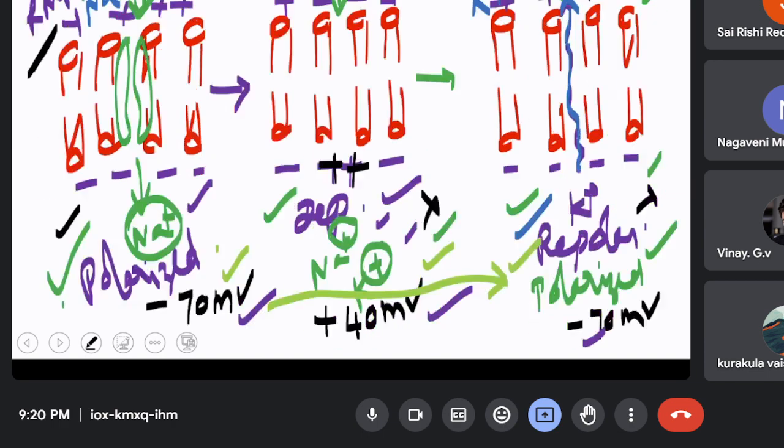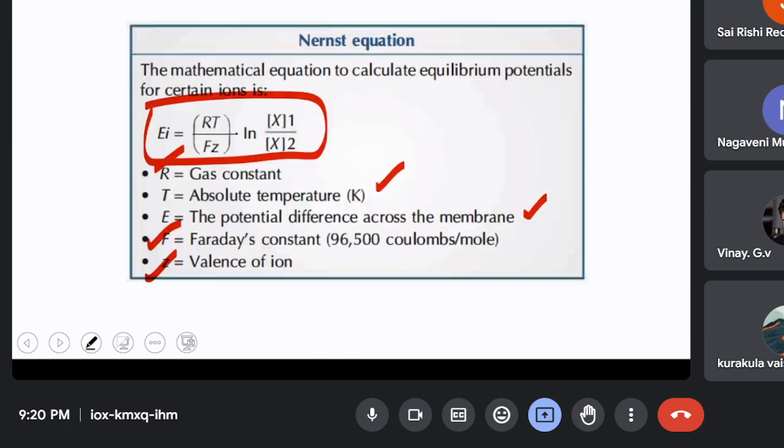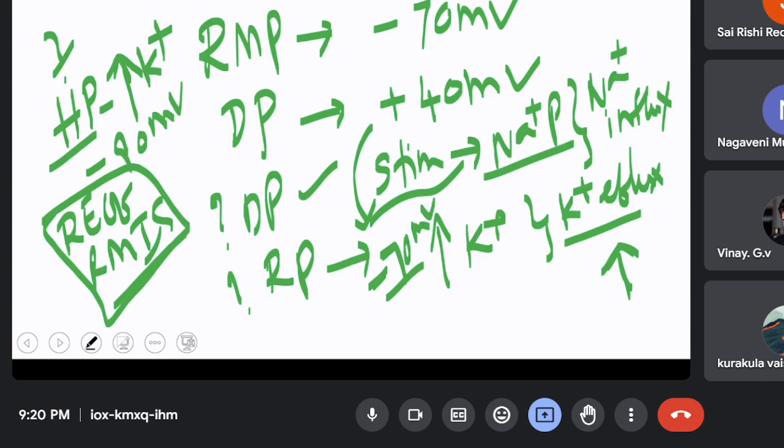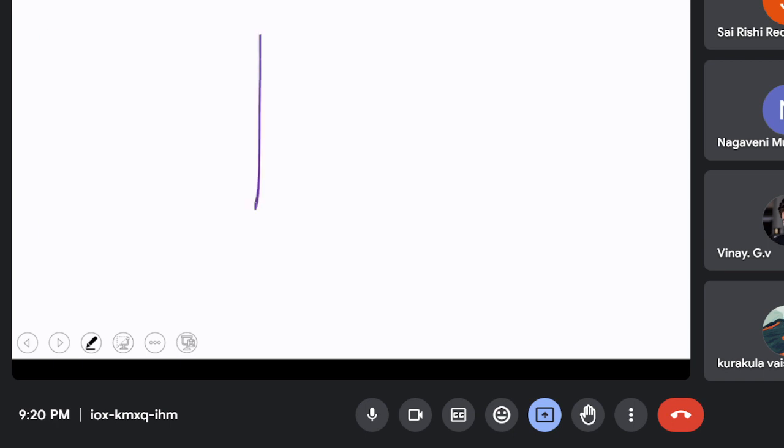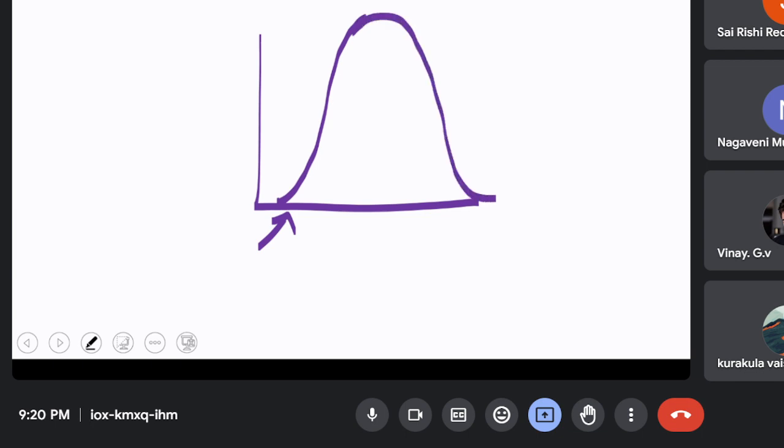For example, when we plot this, you have given a stimulus here. It can be a muscle or a nerve. For the stimulus, there is a response. This response is followed by bringing this back to normalcy.